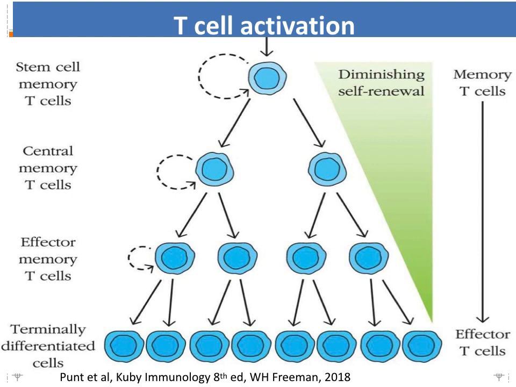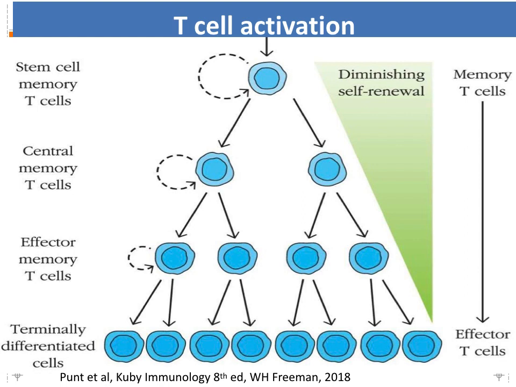T cell proliferation results in the development of effector T cells. But not only do you have effector T cells, you also develop memory T cells, of which you have various types. The stem cell memory T cells, which are found in the primary lymphoid organs like the bone marrow, also the central memory T cells, the effector memory T cells, and the terminally differentiated cells.